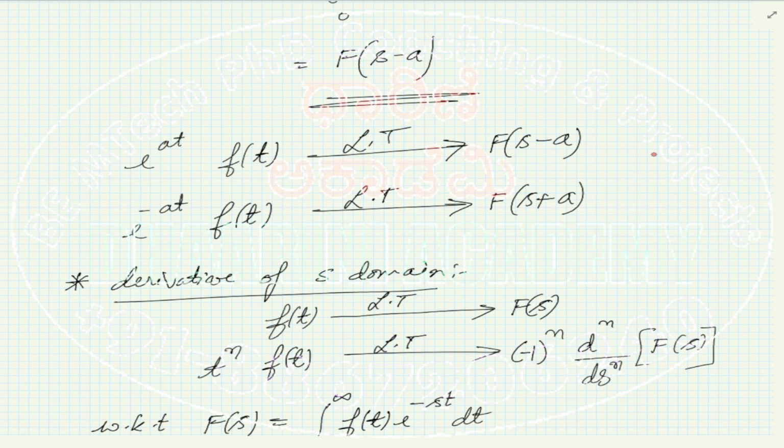It is s minus a, right shift. S plus a is the left shift. It's the same similar property we see in other transforms. If you multiply by an exponential in the time domain, that corresponds to a shift in the other domain. Same thing, if you multiply e to the j omega t f of t in Fourier, it becomes F of omega minus omega naught, right? So that's the same thing.